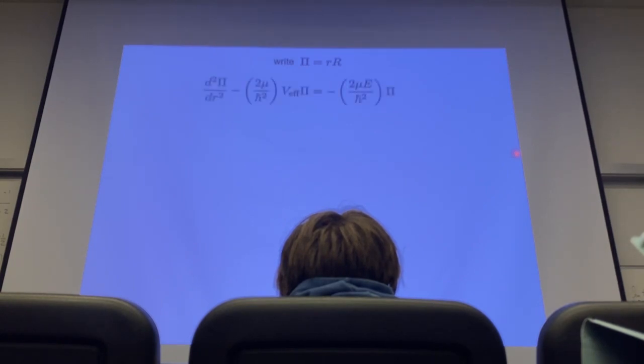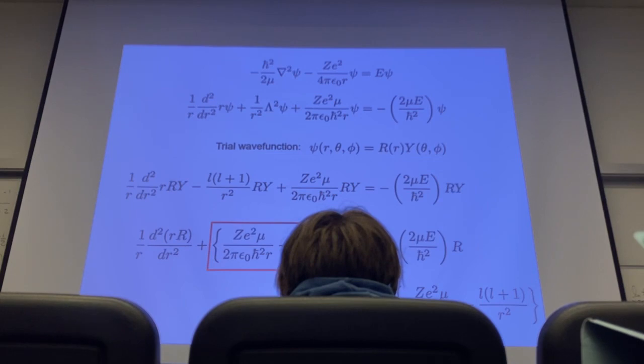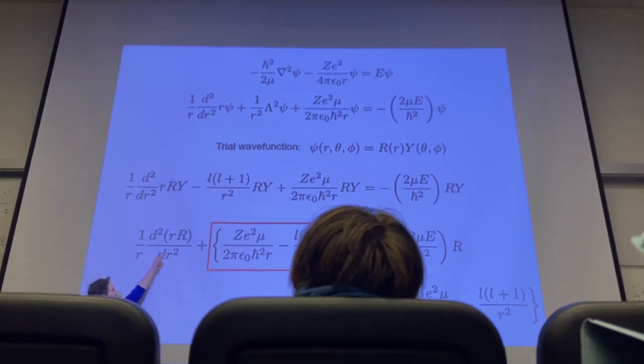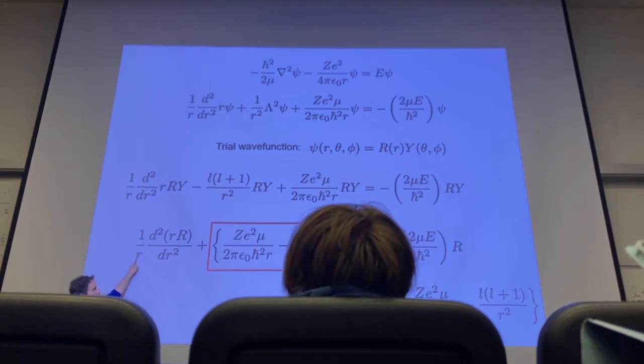And the way to do it, let me just quickly go back here, is to do the following. This equation here needs to be solved. I see here, in this term, there is little r times R. It's pretty ugly, okay? I don't like that. There's also 1 over r here.